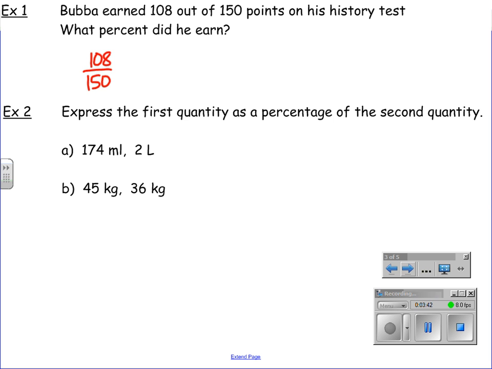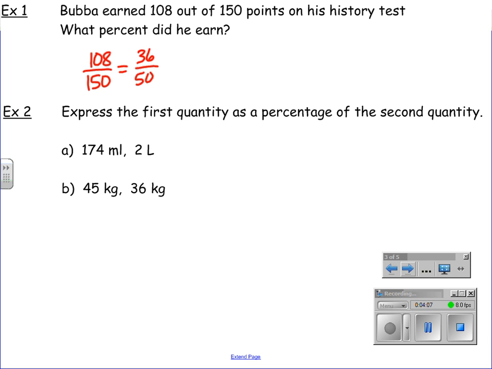Percent is out of 100, though, and I'm out of 150, so can I change this to hundredths easily? That would be my first choice. Not easily, but you can change it to 50, yes, and then multiply that by 2. So what is it when I change it to 50, Ethan? 36 over 50.